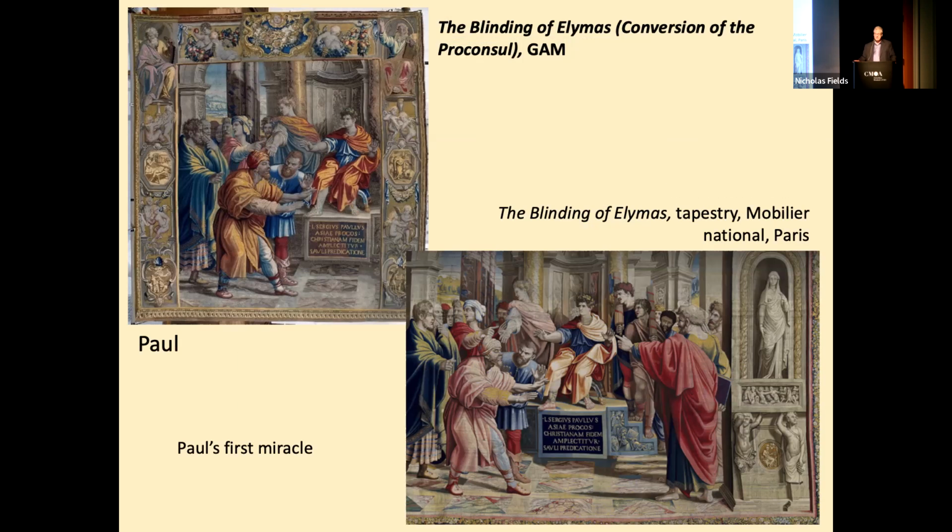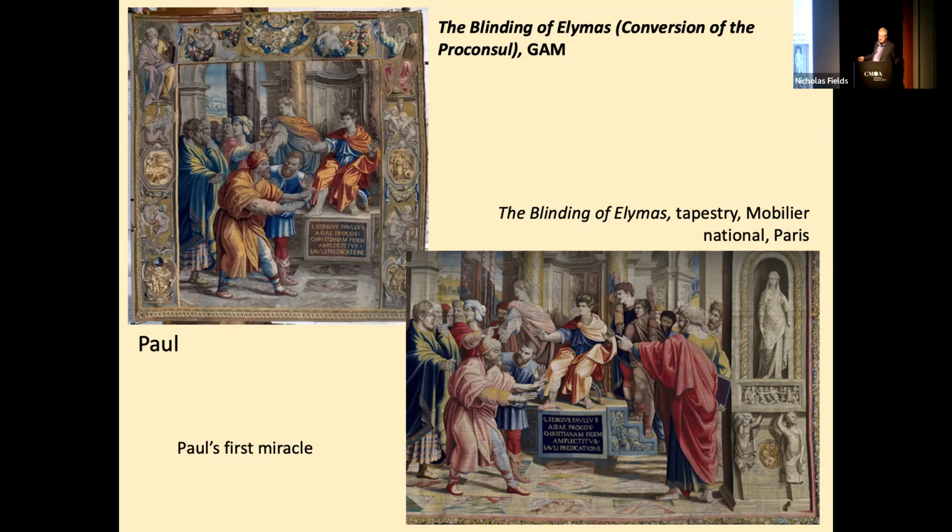And this is one of a number of unanswerable questions having to do with the tapestries. This is not the original design of the tapestry. It's square, it's smaller, about two-thirds of the size of the other tapestries of this subject woven from the cartoons of Raphael. And so this is a full-scale version of the tapestry from this museum in Paris, where there's a sculpture in a niche on the right, and you have the magician in the same position, but Paul is on the right-hand side, on the other side of the throne.